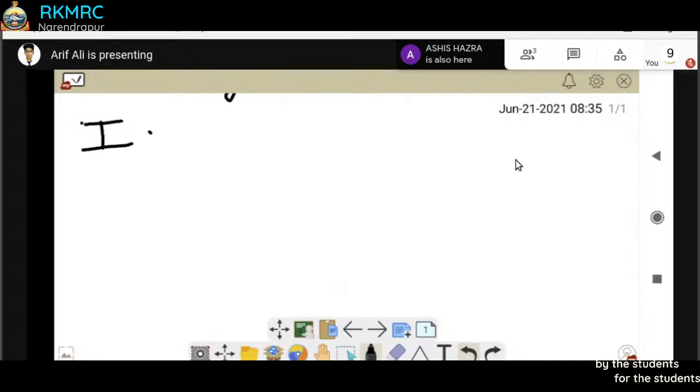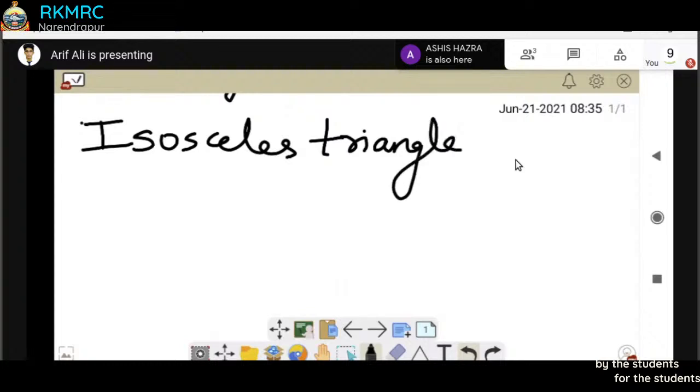Next, isosceles triangle. Isosceles triangle means two sides will be equal and the other will be unequal.